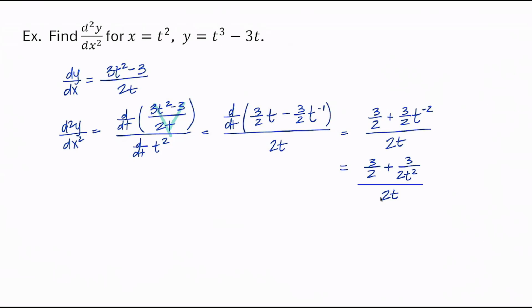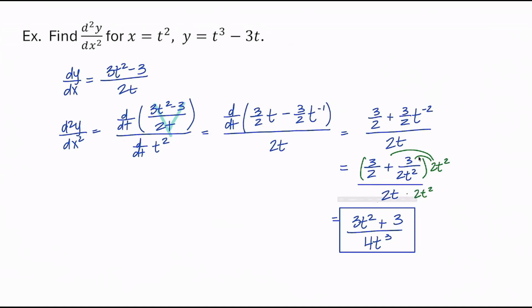If I multiply the top and bottom by 2t squared, this is going to distribute here, and I'm going to end up with 3t squared, since the 2's cancel. Here, the 2t squareds cancel, so just plus 3. And then all over 4t cubed. And then I can leave that as my final answer.